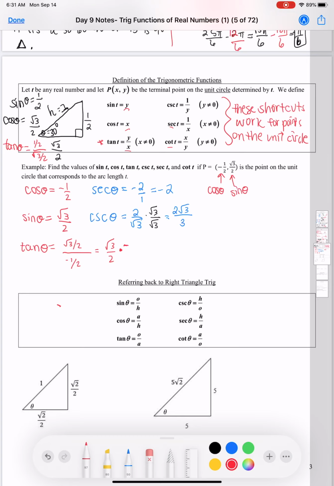So instead of writing 1/2, I'm going to write 2/1. Across the top, that would be -2 times √3 over, multiply across the bottom, and we get 2. This 2/2 will cancel out, so that leaves us with -√3.